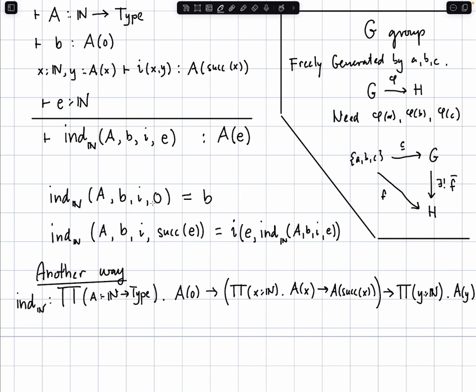So let's read again. This is called the motive of my induction. This is called the base case. This is called the induction step, or also recursion step.